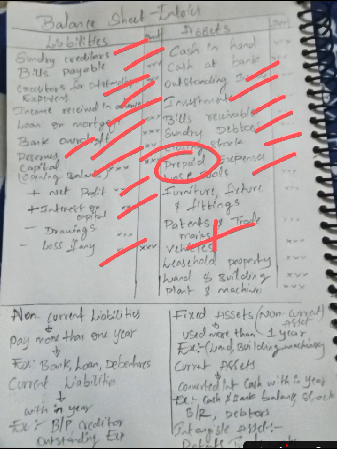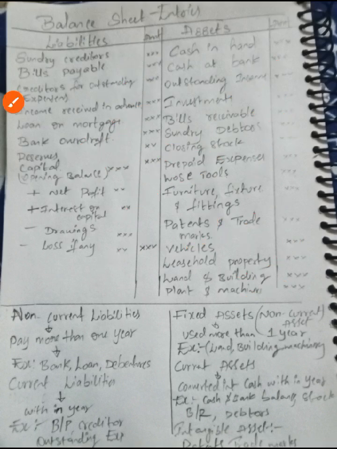We paid already, so we are tension free, so it is a kind of asset for us. So we take prepaid expenses on the asset side. Patents, trademarks, vehicles, motor van, leasehold property, land and building, plant and machinery, all of this comes under the asset side. Please take a screenshot and prepare well.